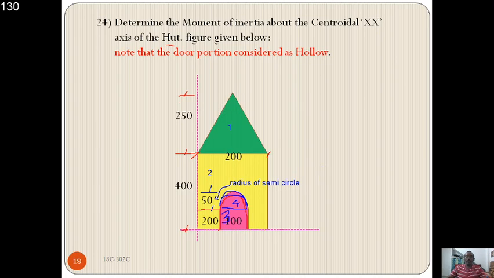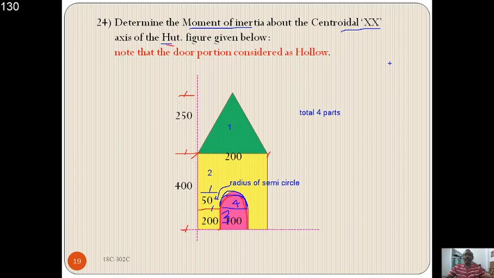So we have a total of four parts. By considering these four parts, you can determine the moment of inertia of this hut by the centroidal axis only.